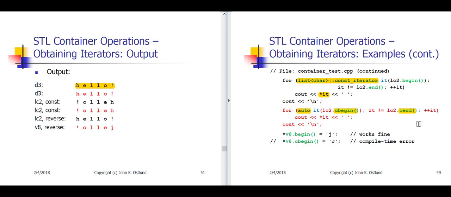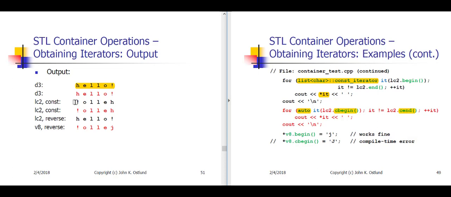and so now we can use auto to say I want it to be initialized with lc2.cbegin, that is a const iterator that is, quote, pointing to, unquote, the initial element of this list. And then we go up to, but not including, the const iterator lc2.cend.